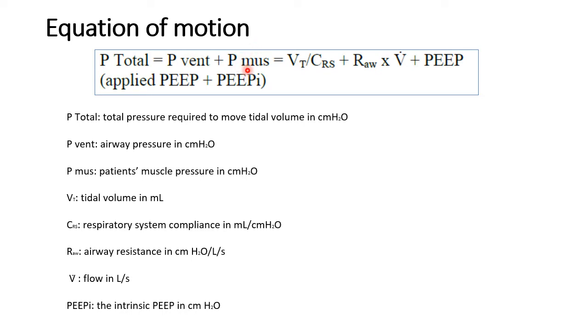Of course, if the patient is paralyzed or with no effort, it will be only the work of the ventilator. And the obstacles it has to overcome are the tidal volume over the respiratory system compliance, plus the airway resistance multiplied by the flow, plus the total PEEP, whether it's the applied PEEP plus the intrinsic PEEP. And this becomes very important when you assess the patient work and calculate the respiratory mechanics.